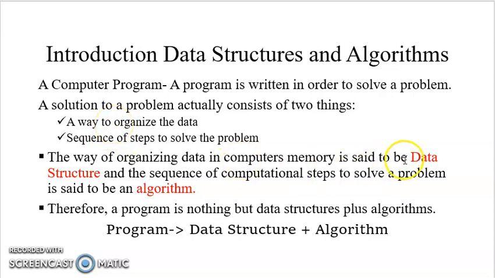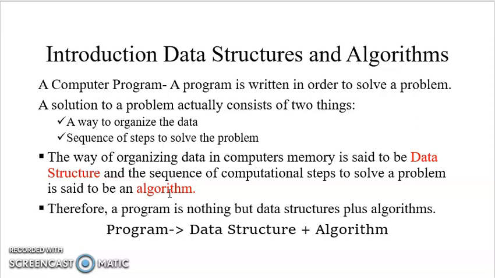The study which deals with organizing data was named data structure. That's why the way of organizing data in a computer memory is named data structure, whereas the sequence of computational steps used to solve a problem is named an algorithm. These are the sequences, the procedures that we will use to solve the problems.